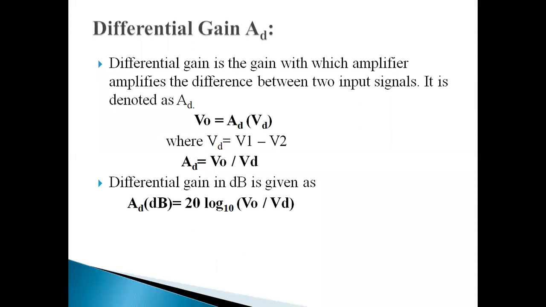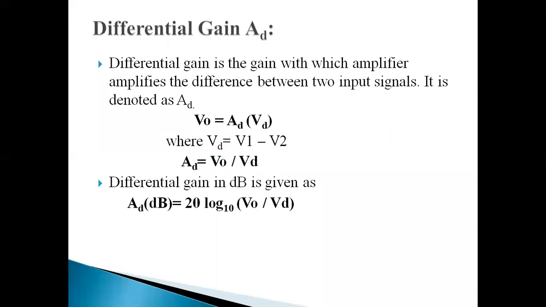Whenever we are applying two different input signals, for example, V1 is 5 volts and V2 is 2 volts, those two inputs are different, and the difference of those two input signals is 5 minus 2, which is 3. That means the output will be an amplified version of the difference of those two input signals.